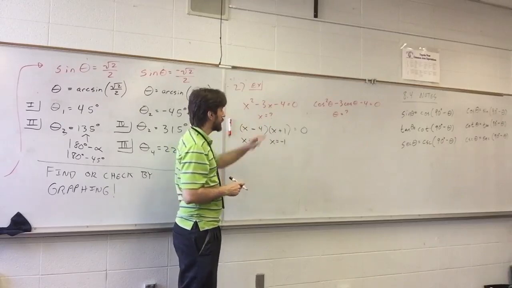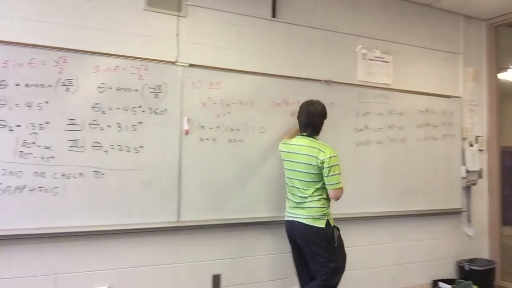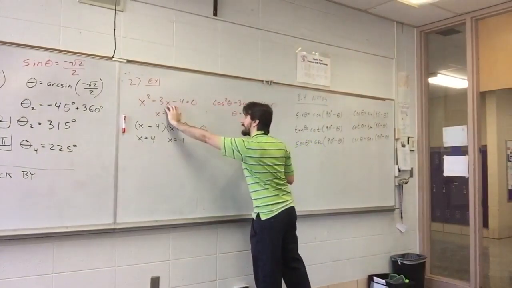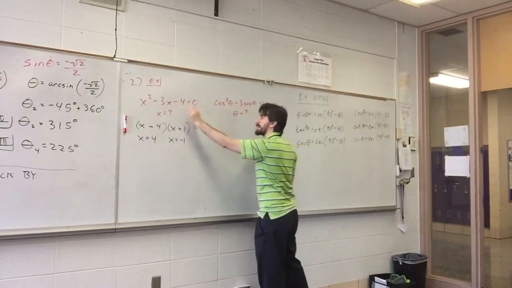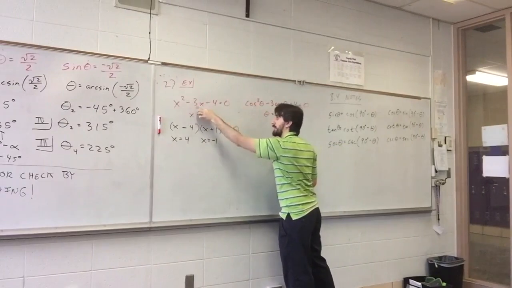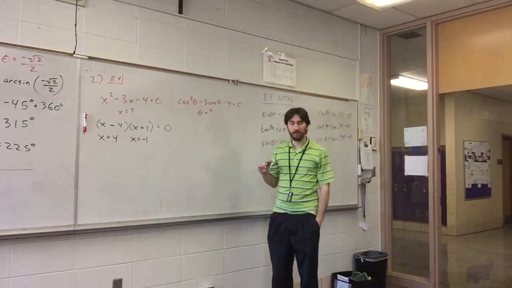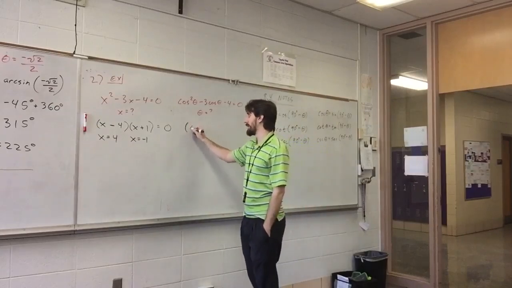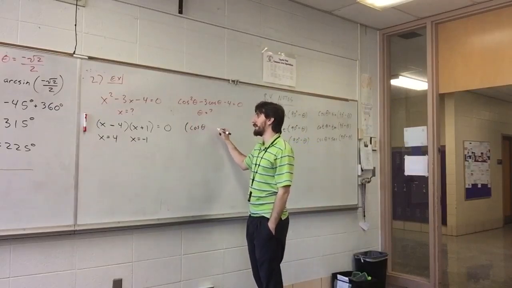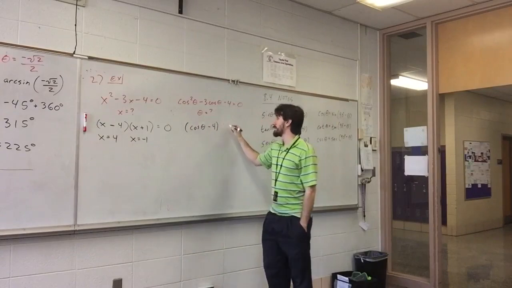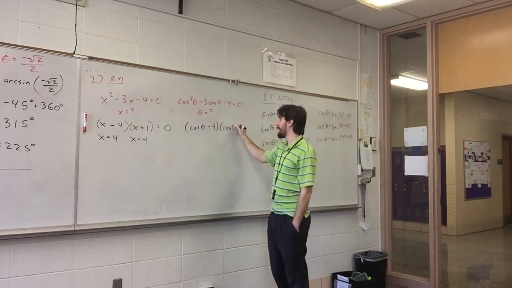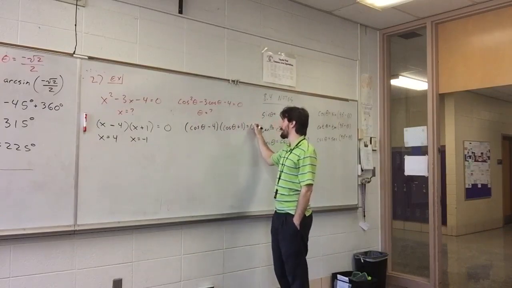Right? I could do this, it's the exact same problem, except instead of x, I put cosine theta. So we can still factor this as cosine of theta minus 4 times cosine of theta plus 1 equals 0.